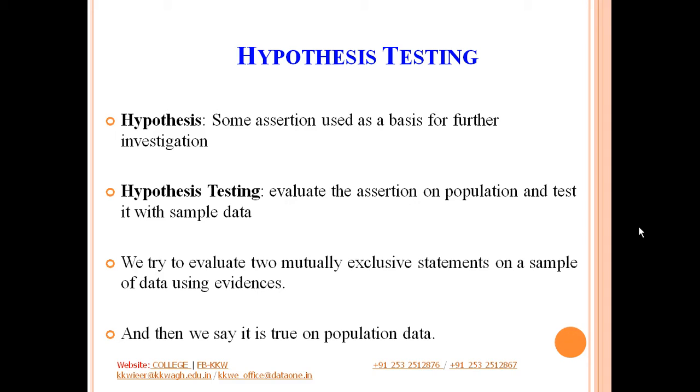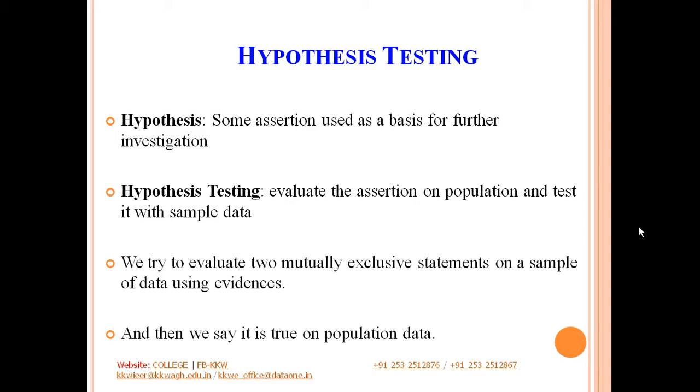So to avoid this, we pick some samples, that is, we pick sample people from different areas of the Vidarbha region and we check whether they are COVID positive or not. Depending on our results of testing, we will say that either our assumption is true or it is false. So that is the meaning of population and sampling.